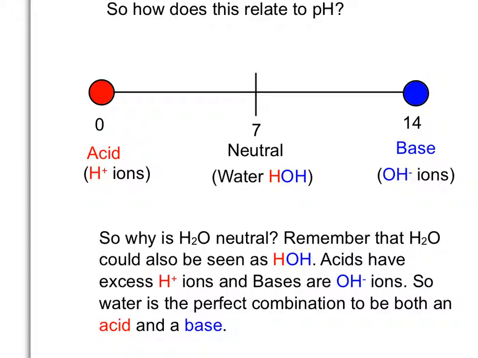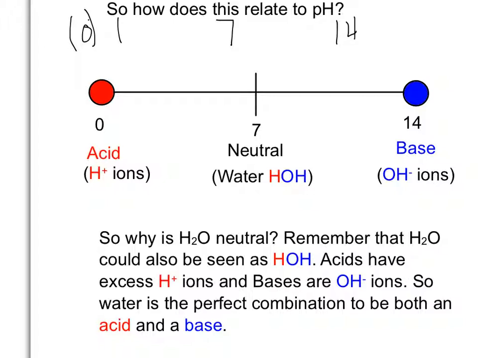As I mentioned before, your pH scale runs from 1 to 14, or sometimes you'll see where it runs to 0. Either way, 7 is what's considered neutral on the pH scale. Well, water, as I told you before, is one of the few things that's considered to be neutral.